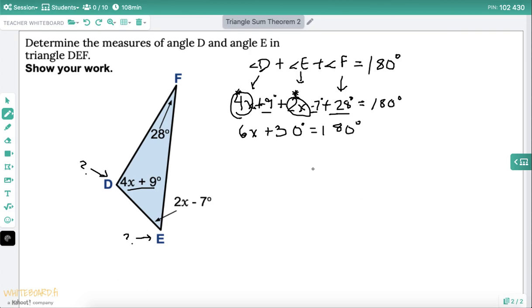Let's not forget that. All right, so from this point on, we know what we got to do. We got to use the inverse operations, and you start from whatever's furthest from the x. In this case, plus 30 is furthest from the x. So I need to subtract 30. Subtract 30 from both sides. That's what keeps the balance.